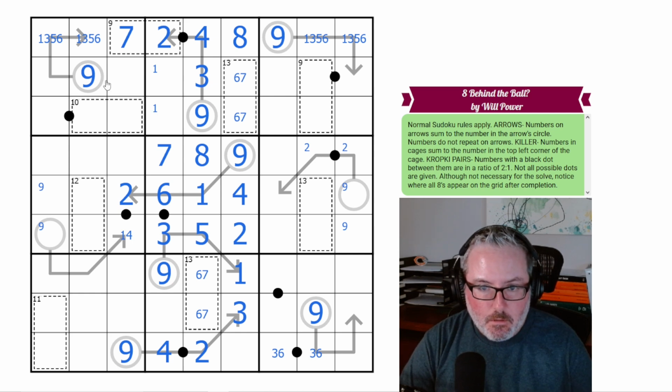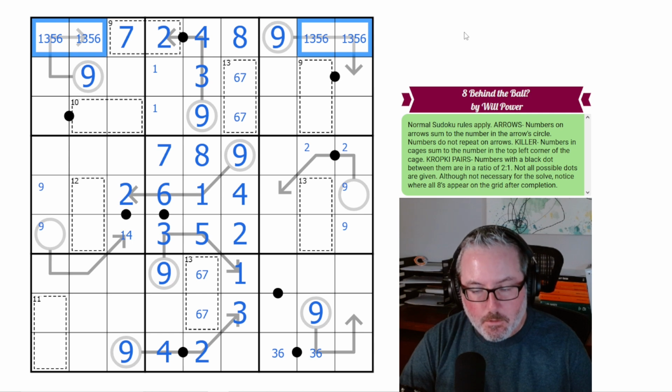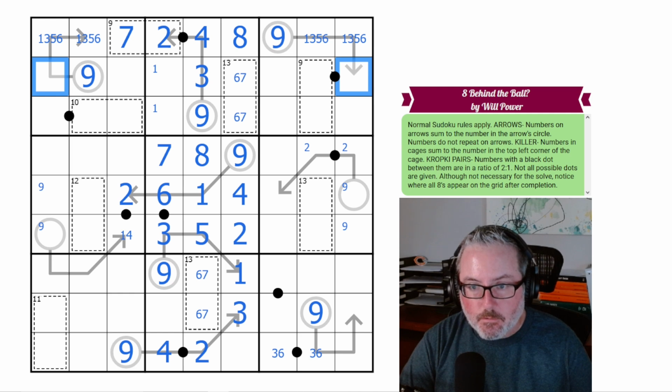Now, what we do know is that we do not have all 2, 3, 4s in terms of our 9s. Well, we already knew that anyway because we had a 2, 6, 1 down here. But what we do know is that one of these two is a 6, 1, and the other one's going to be a 3, 5. So these two digits have to be from 1 and 2, because 5, 3 is 8, clearly.